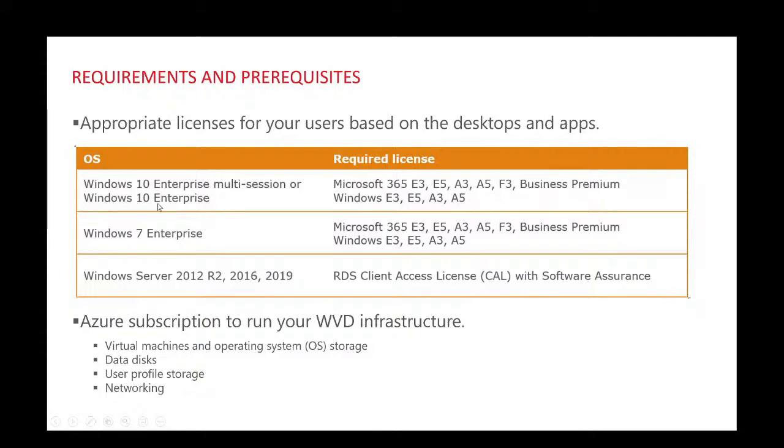And if you are going with Windows 10 Enterprise, you need to have Windows E3, E5, A3 and A5, right? So one of these licenses is required. If you are going with Windows 7, it is very similar to the previous one. If you are going with Windows Server as the machine, you have to use Windows RDS CAL licenses, client access licenses for remote desktop services.